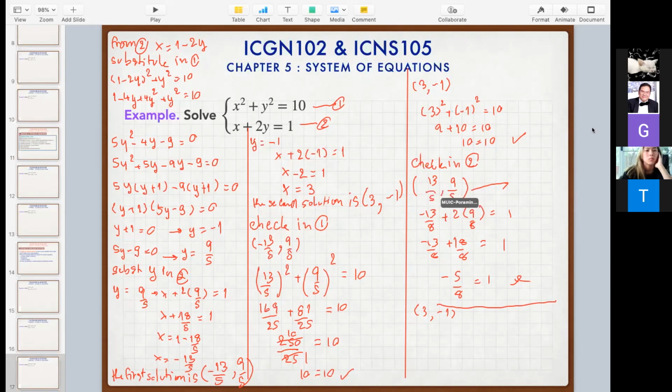So that means if we do this it should be okay then. Oh, that means it's okay now. 5 over 5 equals 1, 1 equals 1. Yeah, okay, thanks.